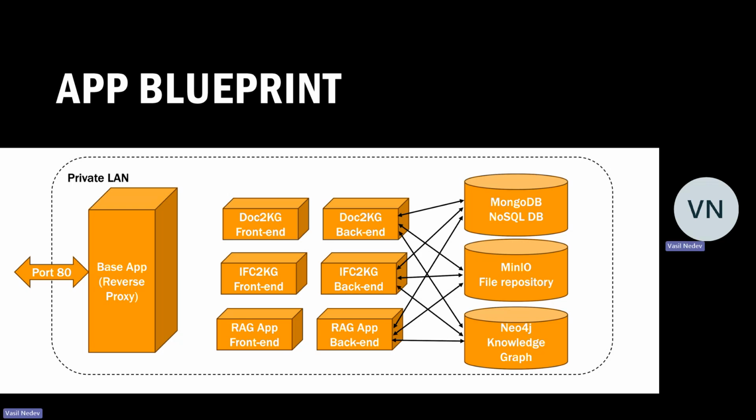However, in order to keep everything secure, all of this should work in a private local area network or LAN, and there will be just one single entry point, which is shown here on the left hand side of your screen, which is the base application, which is effectively a reverse proxy application, which will be using a RESTful approach, path routing to access the containers inside the application.